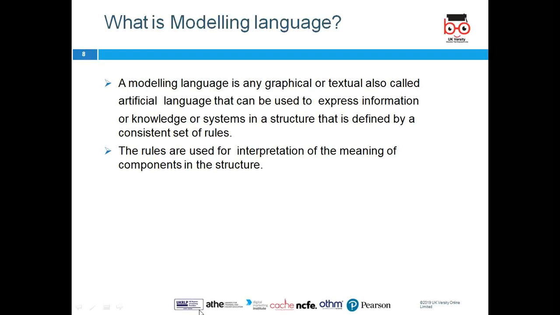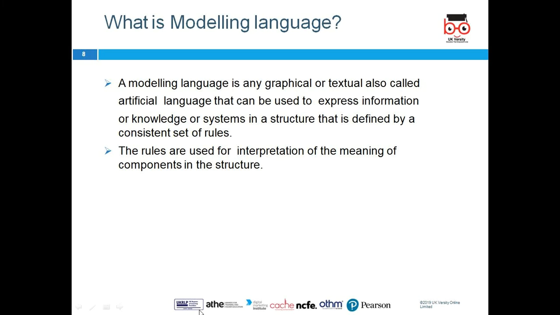That can be used to express any information: you are trying to draw or write any information or knowledge or systems structure. Consistent set of rules. Consistent means permanent, constant. A set of rules that would not be ambiguous in meaning.